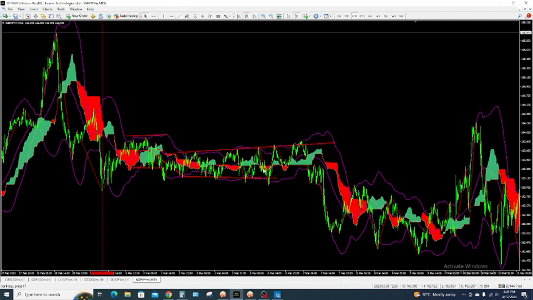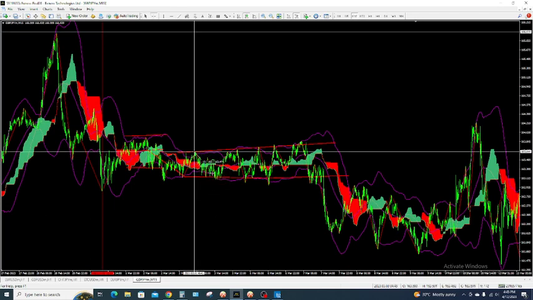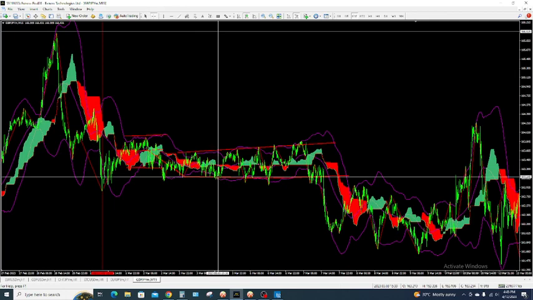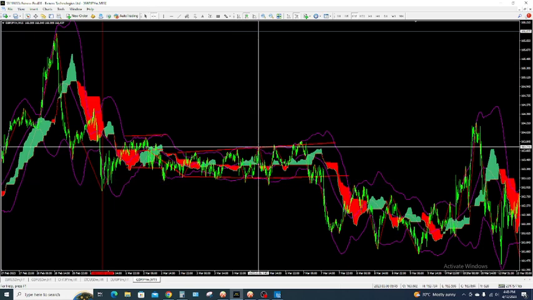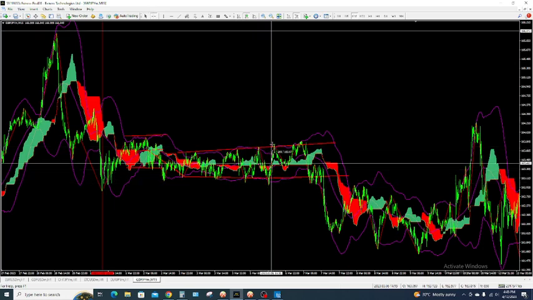So in this straight line, what I'm waiting for is for the market to either break out up or break out down. Good. So this is ranging. It comes up here, it goes down.